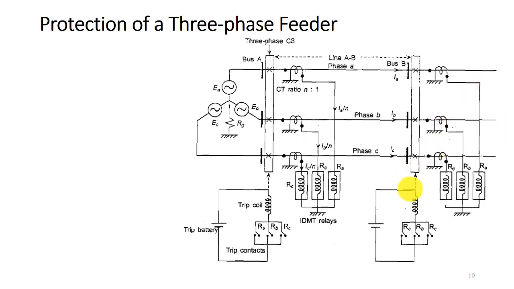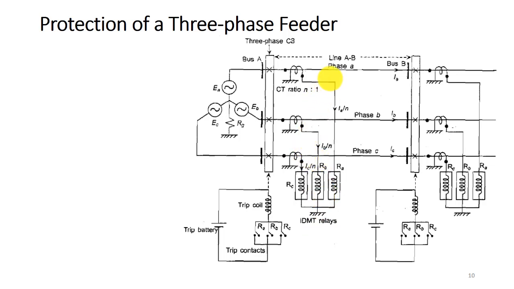And here we can see the circuit breaker arrangement. These are the trip contacts, and this is the trip coil. Here is the circuit breaker for both bus A and bus B. The circuit breaker gets the trip command as soon as the trip contacts are closed by the relays, and these are the IDMT relays.